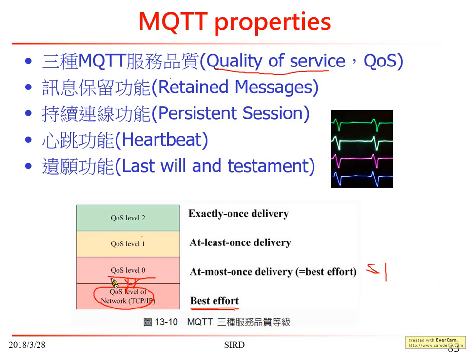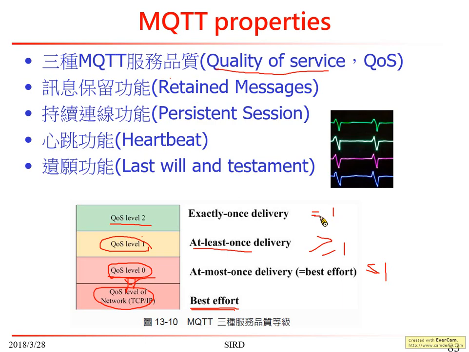So when you set the MQTT QoS level to 0, then at most they will receive it once. However, if you set the QoS level to 1, then at least the subscriber will receive 1, but maybe 2 or more. So it's greater than or equal to 1. And if you set the QoS level to 2, then they will receive exactly 1 message. Okay.